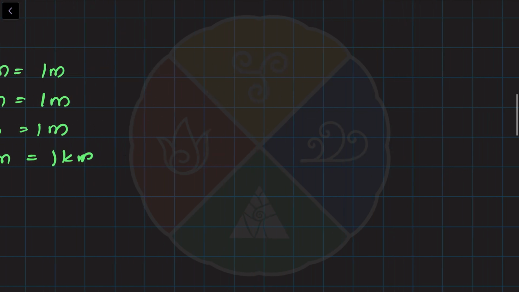Then we also need to know other units of length. For example, one unit which we usually use is inch. Inch is actually bigger than centimeter. 1 inch basically means 2.54 centimeter. You can simply remember it as 2.5 centimeter.